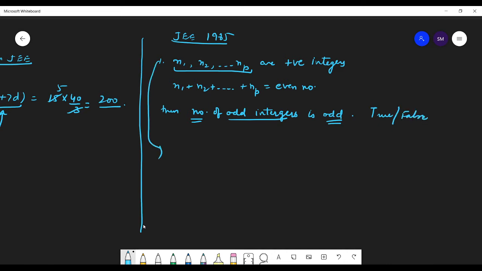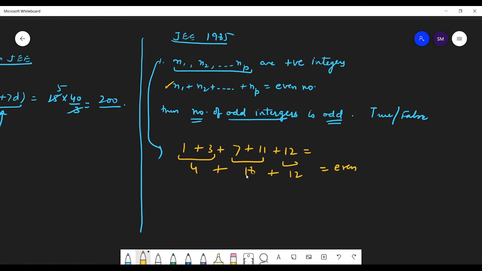See, the question is so simple. Just understand it this way. Like you have positive integers 1 plus 3 plus 7 plus 11 plus 12. So you get even, right? So 4 from here, 18 from here, and 12 from here, then only you can get even numbers.